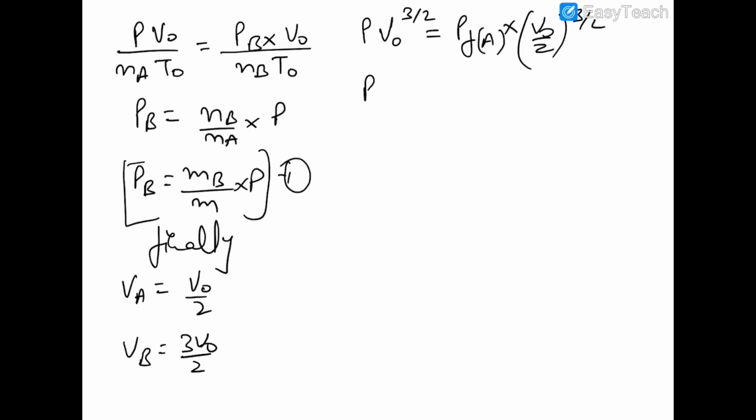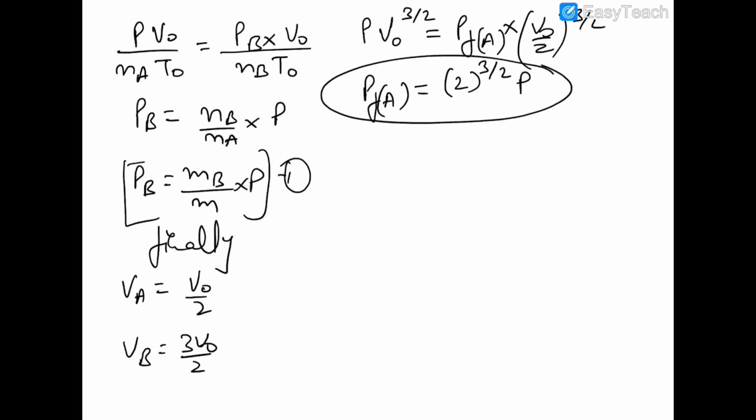So we can say that P final of gas A will be equal to 2 to the power 3 by 2 into P, which is 2 root 2 P. So P final of gas A will be 2 root 2 P, and obviously P final of gas B will be the same because finally they are in equilibrium and their cross-section areas are equal.